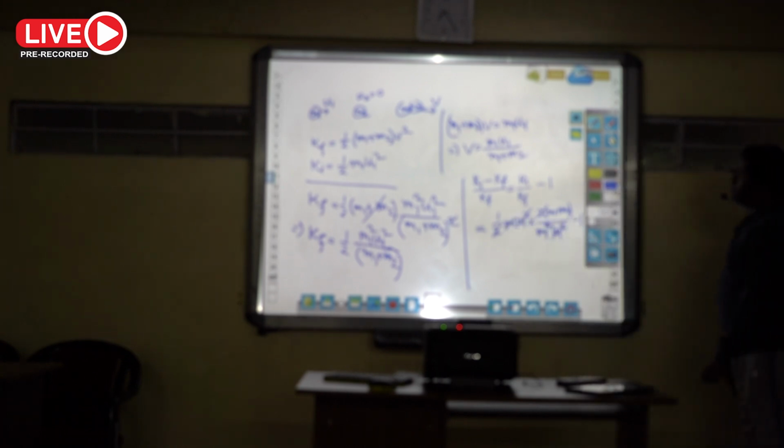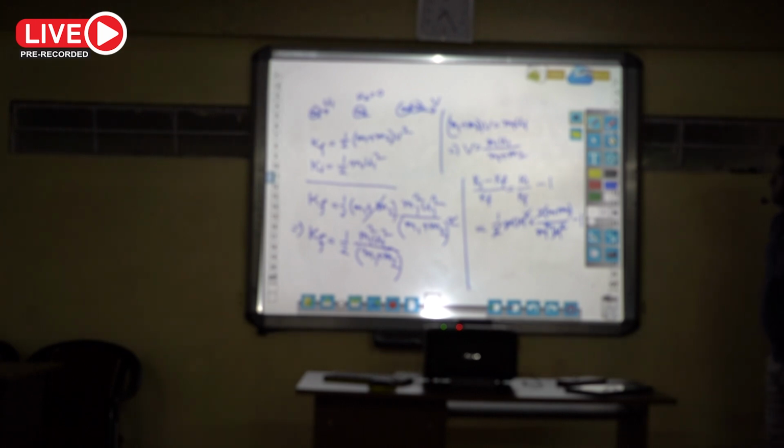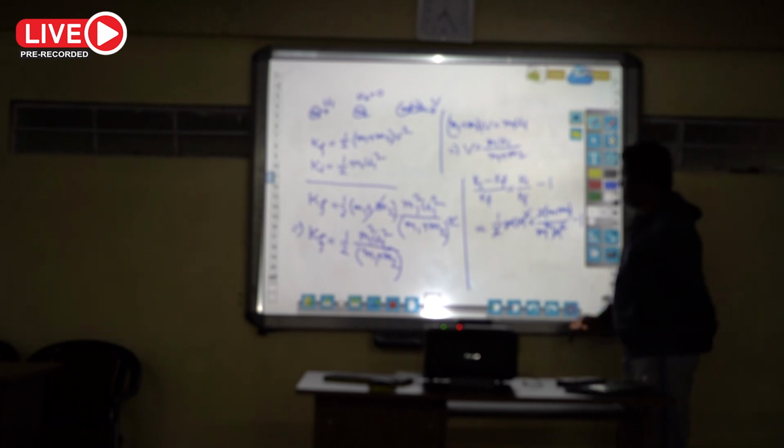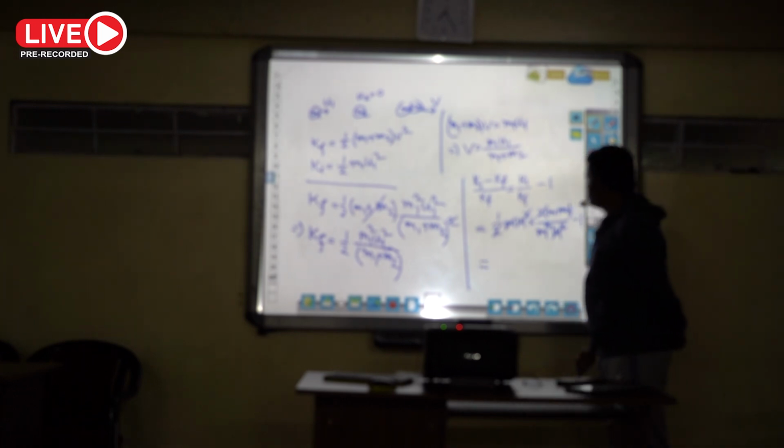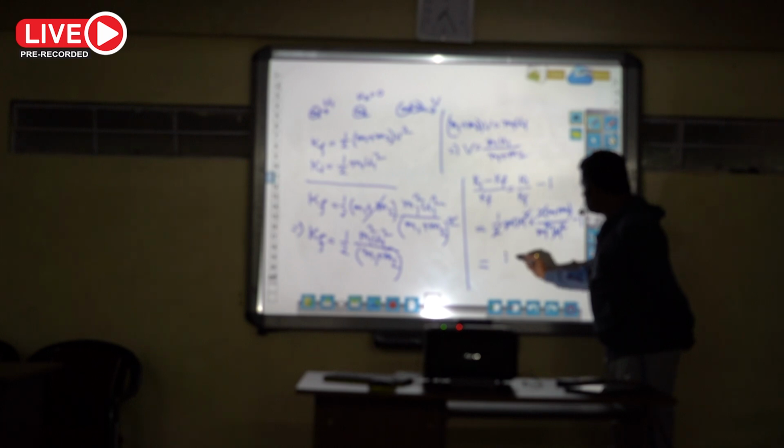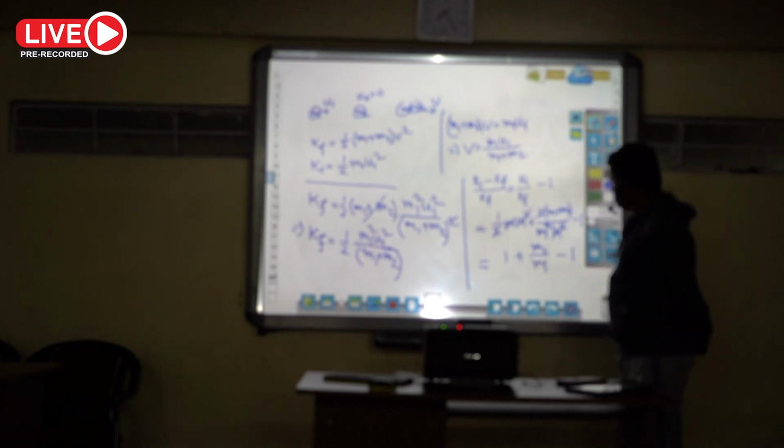So it will be (m1 plus m2) by m1 minus 1. So this will become 1 plus m2 by m1 minus 1.